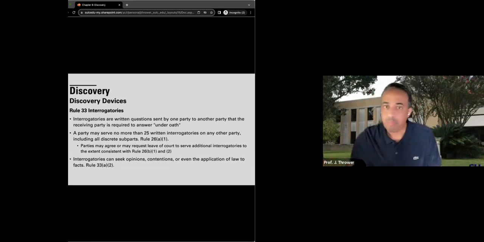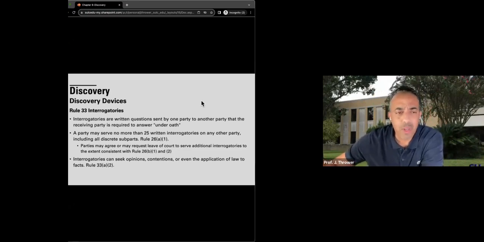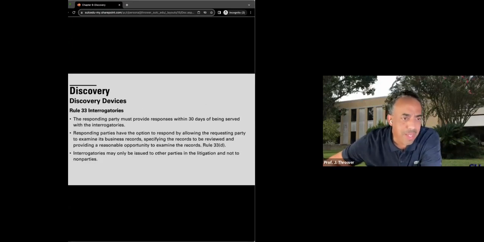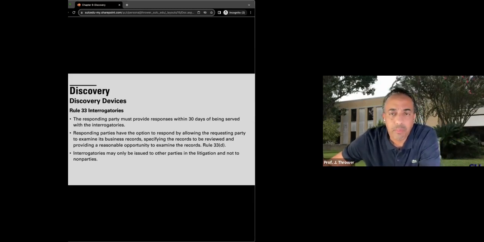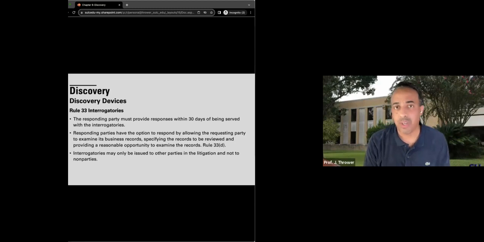Now, when the responding party receives these questions, the responding party has 30 days to respond to these questions. 30 days from the date that they receive service of the questions, meaning that the responses must be provided to the requesting party within 30 days of receiving the questions.